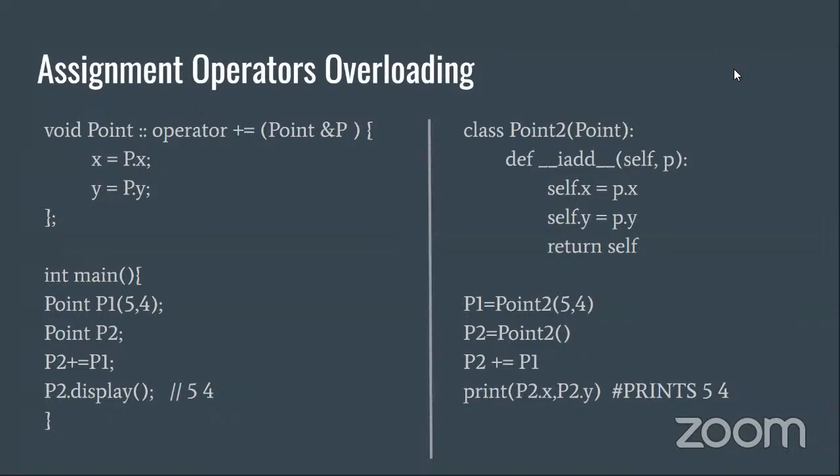We overload the plus equals to operator using the dunder function iadd and assign the coordinates to the point and return the same. Below the function, we can see that point p1 has coordinates 5,4. These coordinates are assigned to the newly created point p2 using the newly overloaded operator, and we can print to see the output. Moving on to the next slide.